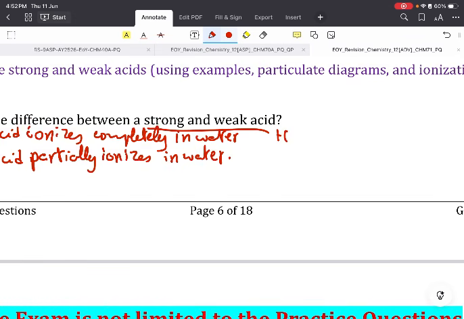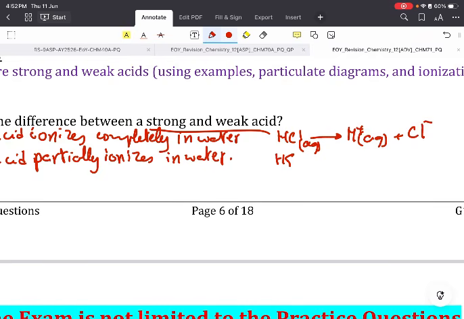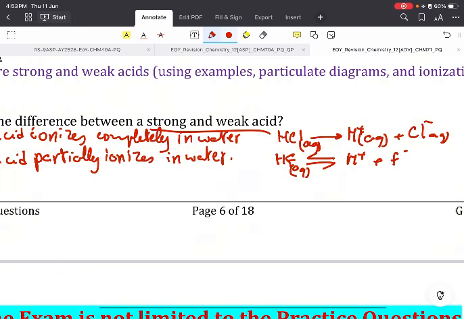If I have an acid like HCl, it's a strong acid, it's a one-way direction reaction, and all of the HCl will ionize into H plus and Cl minus. But if I have HF, which is a weak acid, only a small portion of this HF acid is going to ionize and give me H plus and F minus.